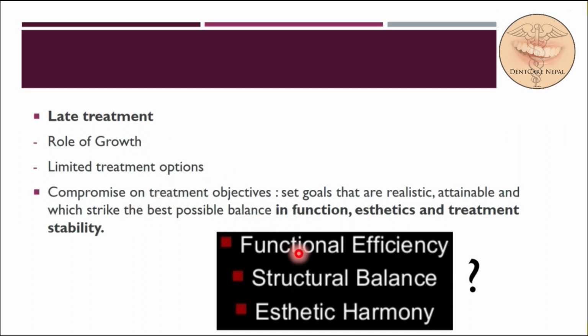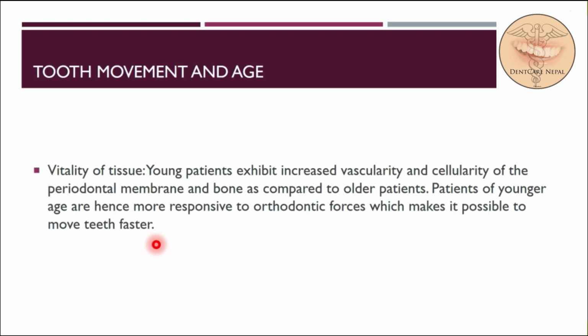And in adult patients, due to different systemic conditions, periodontal conditions, function, aesthetics, and treatment stability, one may need to compromise. So all the objectives of orthodontic treatment of Jackson's triad, functional efficiency, structural balance, and aesthetic harmony, may be compromised in the case of adult treatment.